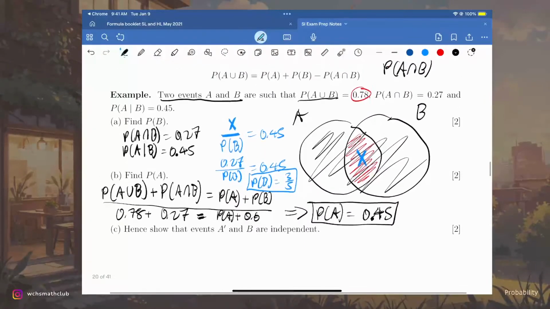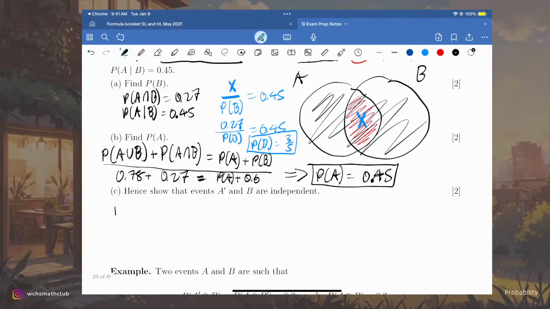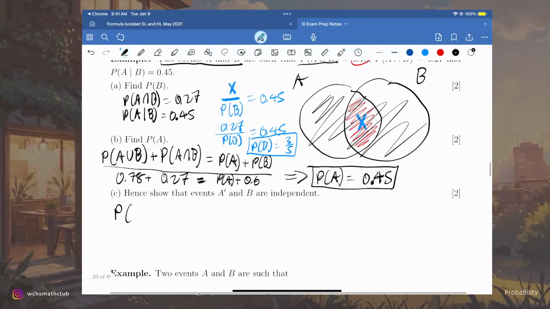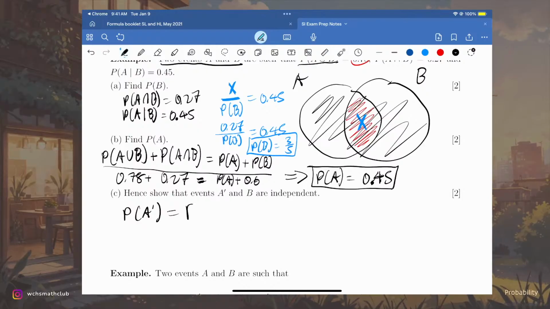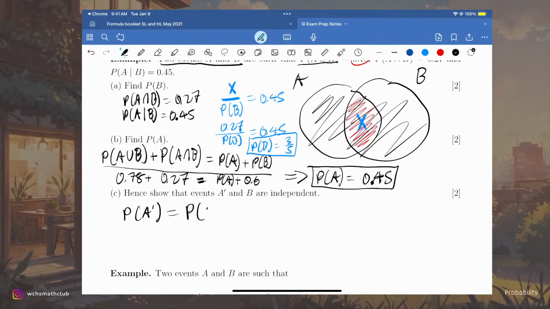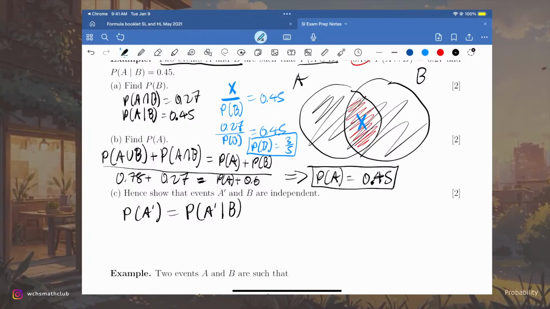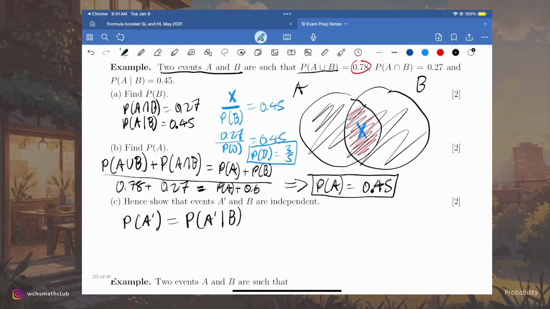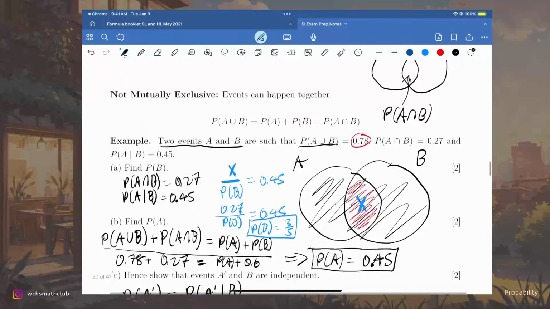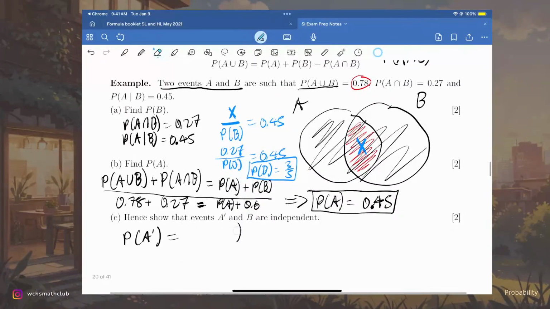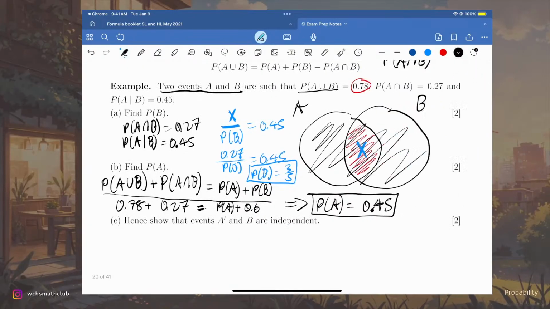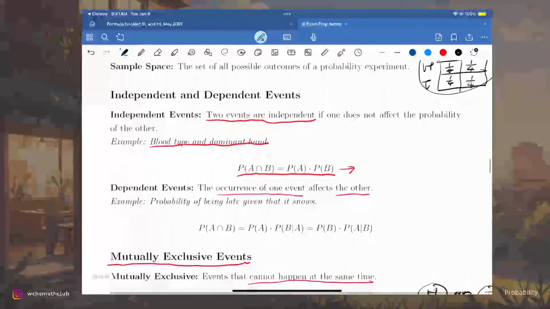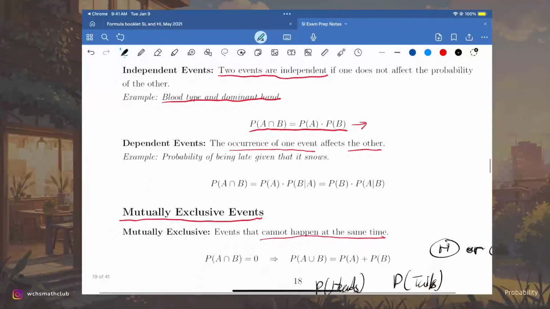So if A prime and B are independent, that would mean that P of A prime equals P of A prime given B. So we're actually going to use the law at the very top again.